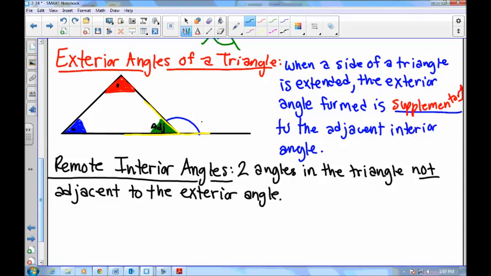So this guy's our exterior. And adjacent means neighboring, sharing a wall. The other two angles inside the triangle are called remote interior angles.